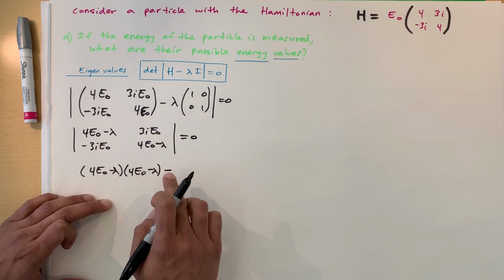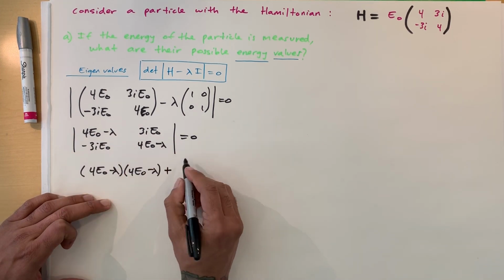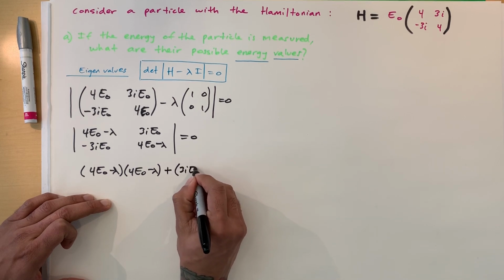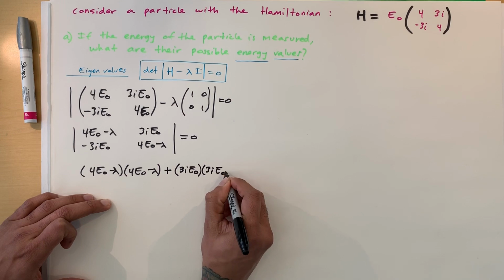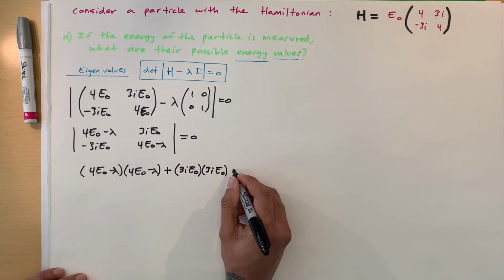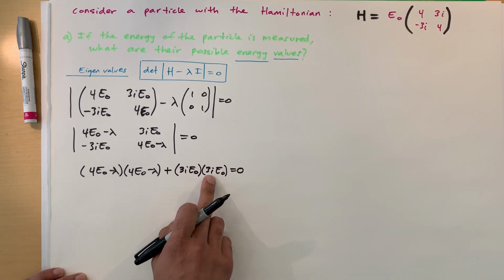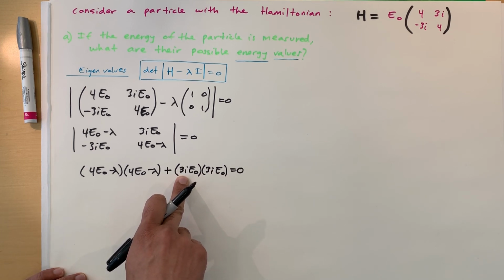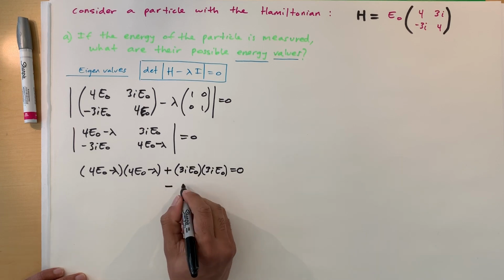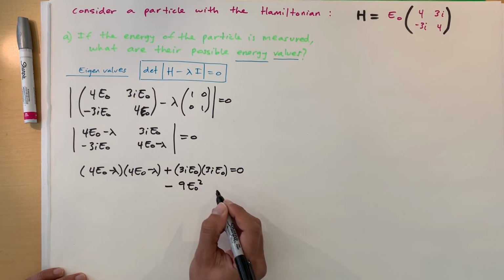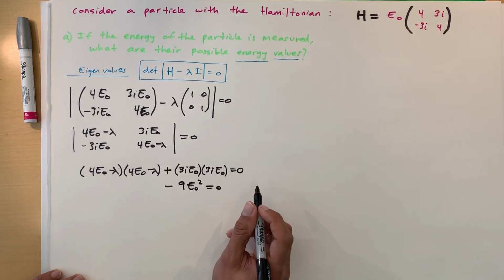This negative and this negative is going to make a positive, and we have 3i E naught times 3i E naught. All of that equals 0. So i times i, we know, is negative 1, and so this side here is going to be negative 9 E naught squared.